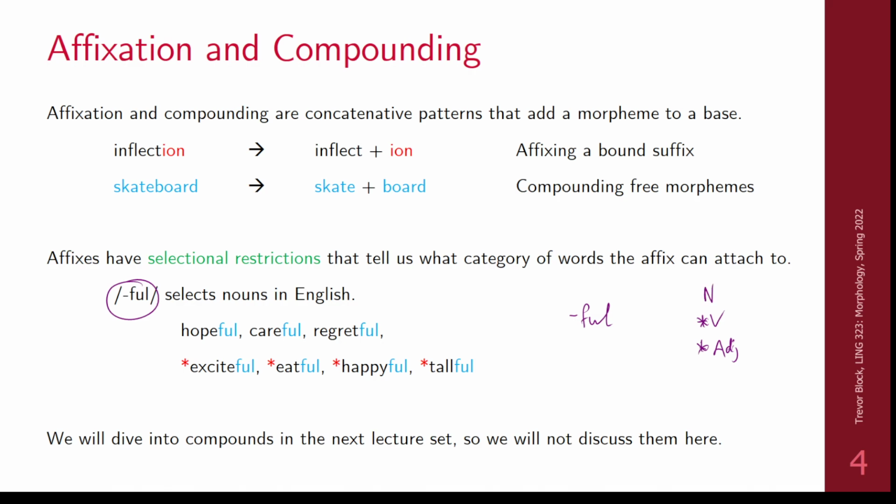So we can say that full has a selectional restriction for nouns. But it's not just word category that we can restrict for. It could be other things. It could be like it restricts to certain tenses or certain aspects or noun class. So any sort of inflectional property or semantic property.